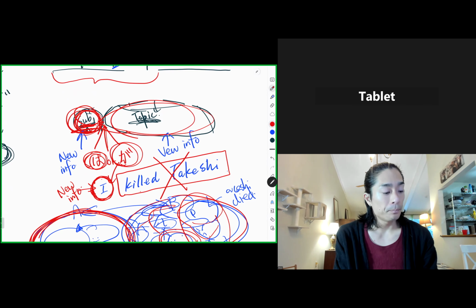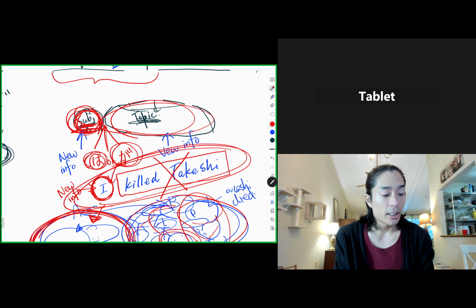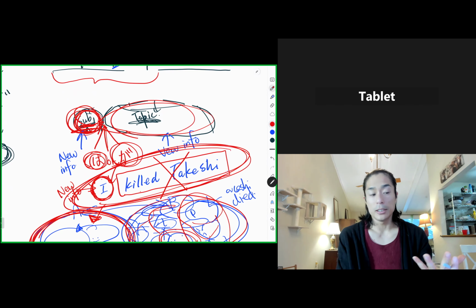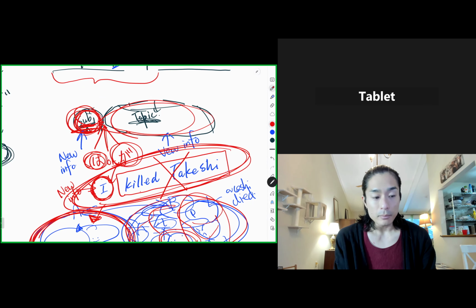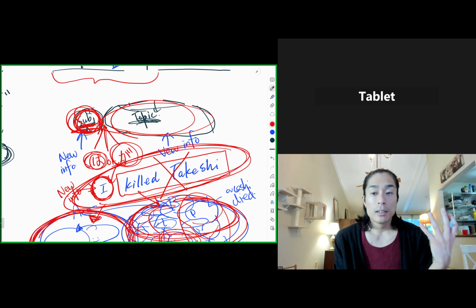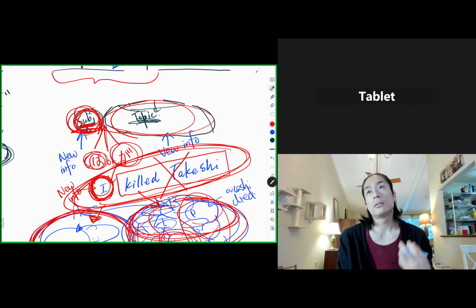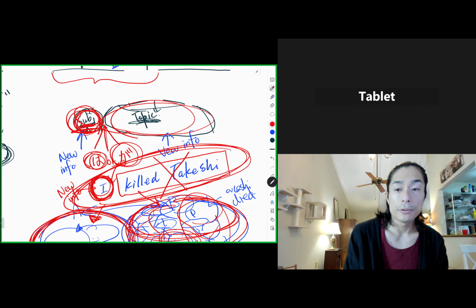But second point, like we talked about with situation A, most likely people will, if they have to say this sentence, just say casually, like, I killed Takeshi. But then in situation B, people will most likely say something like, I killed Takeshi, emphasizing the I. In English, we put emphasis by changing the tone, right?